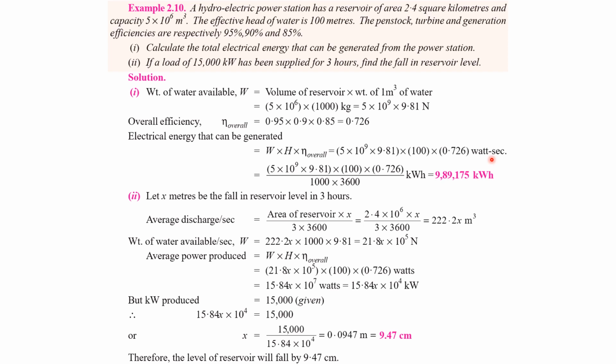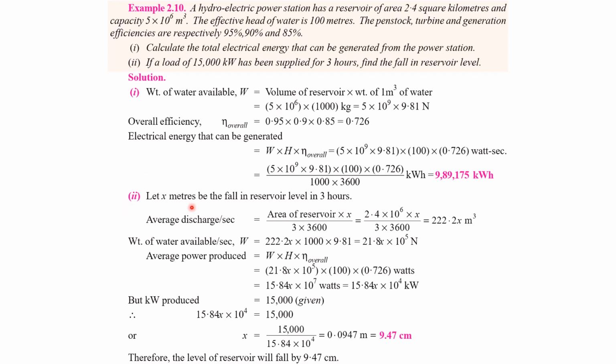You have to convert this energy into kilowatt hours, dividing by 1000 and 3600. So the electrical energy that can be generated is 989,175 kilowatt hours. Now you have to find out how much will be the fall in the water level if a 15,000 kilowatt load is supplied for 3 hours.